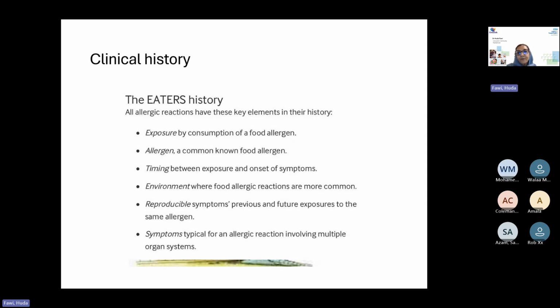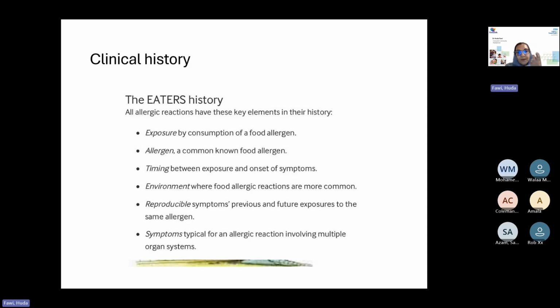The environment where the food allergic reaction happened. So was it at home? So the problem happened at home while feeding the child. And did they have any previous problems with this? So when you ask about this, the mother will tell you that yes, it happened before when she was fed these types of food that contain eggs. And the symptoms of allergy are typically multi-organ.